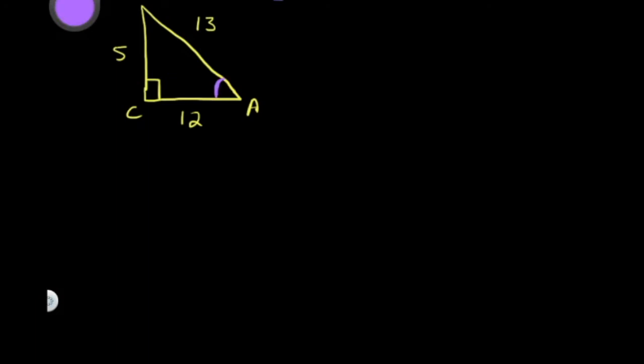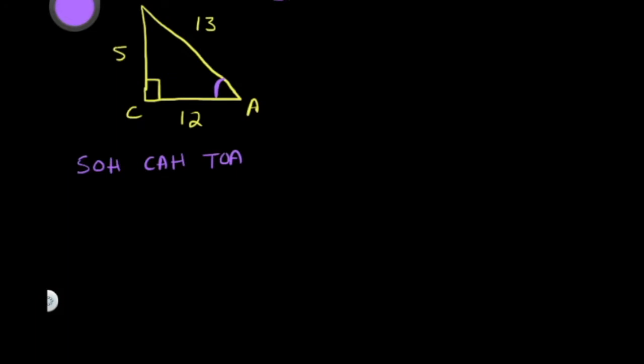So for angle A, if we are finding sine, let's write SOH CAH TOA again. SOH CAH TOA. For sine, we have the opposite over the hypotenuse. So let's label this triangle so that we can solve this question.